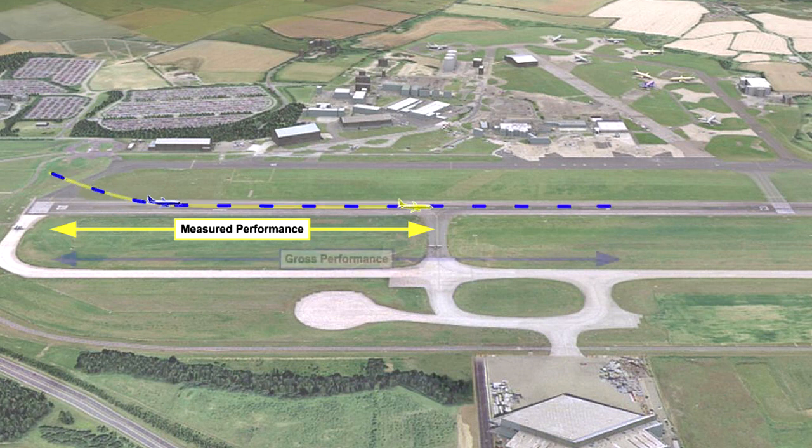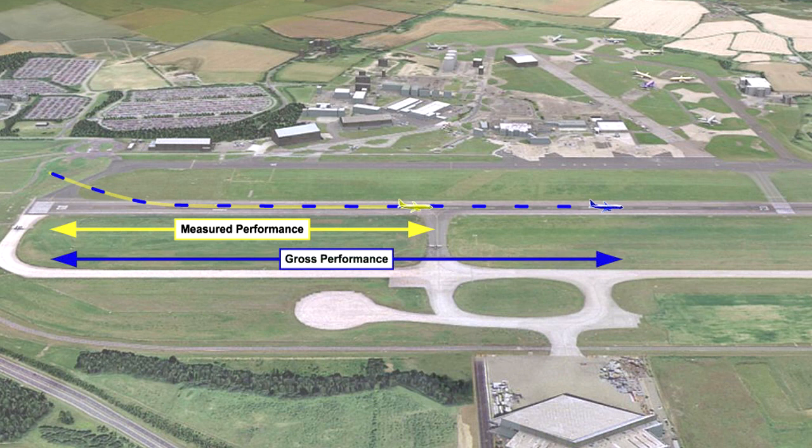So if we now carry out a landing using gross performance figures, based on an average pilot with an average aeroplane, you can see that the landing is not as good. This time, the landing has used up more runway. The average pilot in his average aeroplane has not performed as well as the test pilot with his new aeroplane.